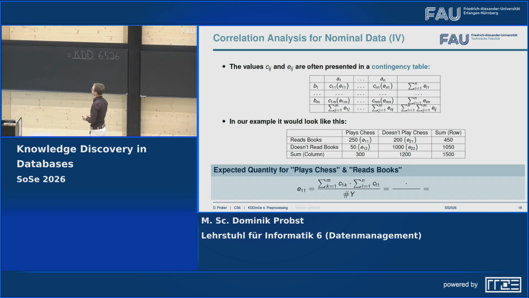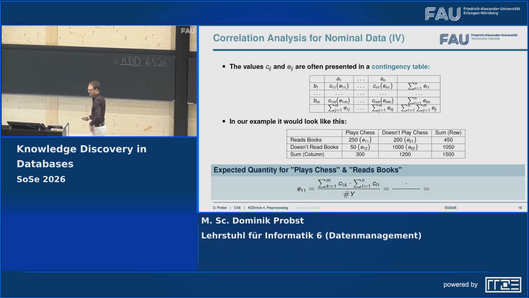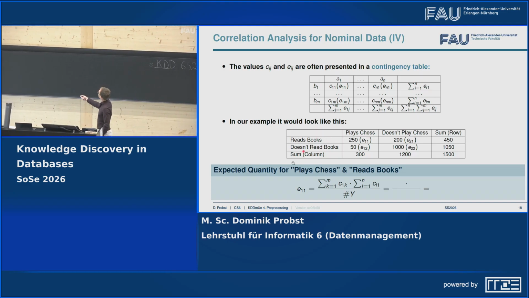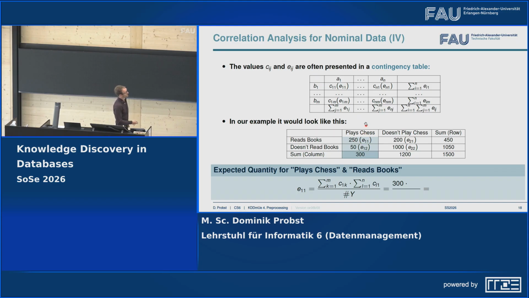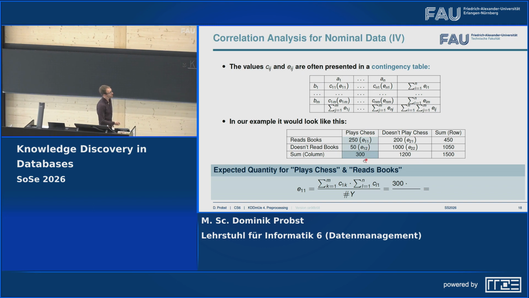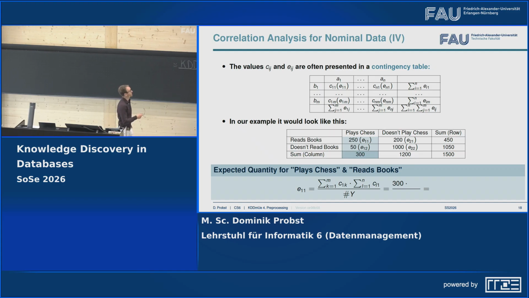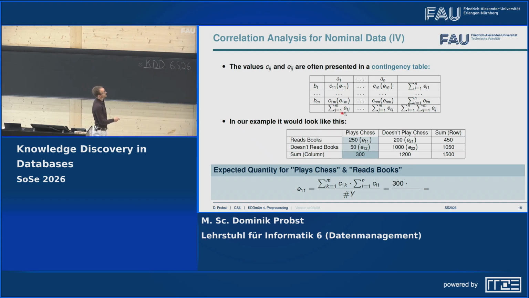To do that, we first have to take a look at this part, the sum of all values in here. So 300. Because playing chess totally includes 300 different values. By the way, that's also where these sums come in handy, because we already have them in the contingency table if we completed it.